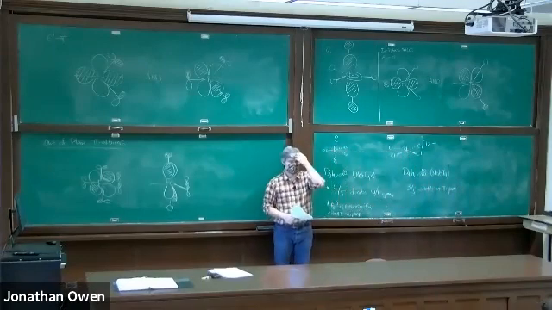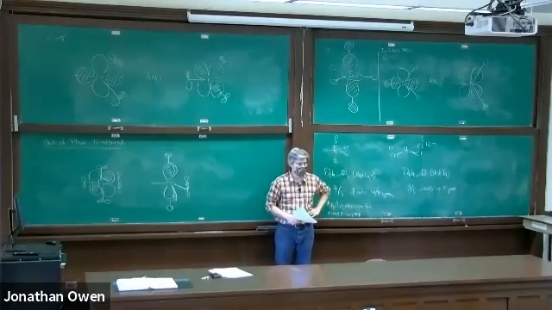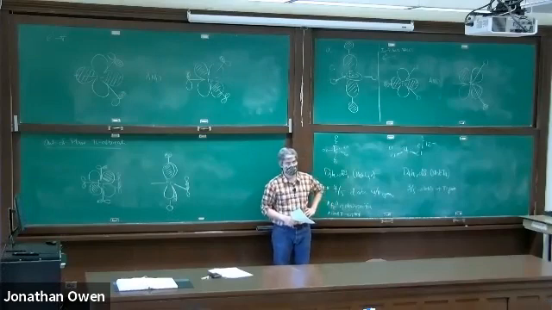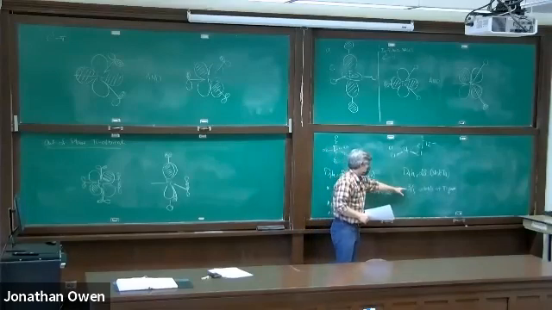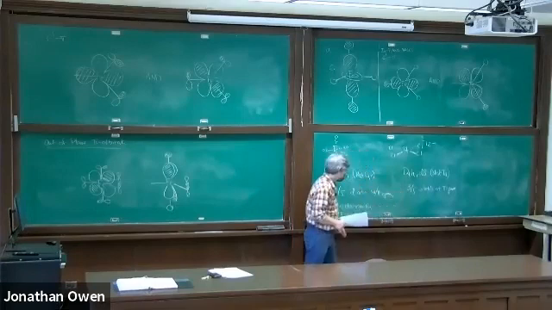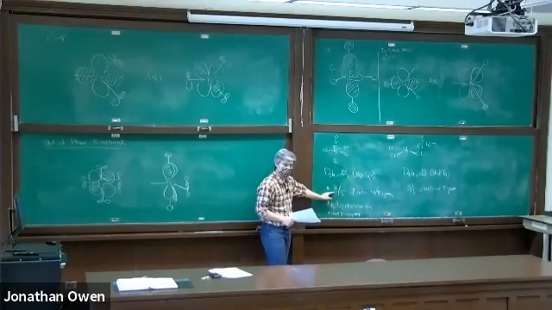XY, XZ, and YZ. Just like an octahedral, it's the d orbitals that point in between the ligands. When you have 90 degrees, it's easy. Z squared and X squared minus Y squared are sigma. And XY, XZ, and YZ are pi, just like an octahedral. So XY, XZ, and YZ all have pi symmetry here. 3 out of 5 instead of 4 out of 5.